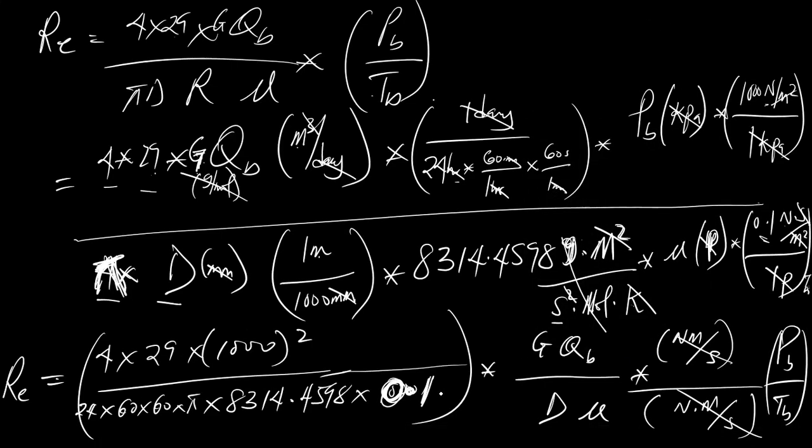So the whole of this constant now is 0.513996, so the Reynolds number will now be equal to 0.513996.